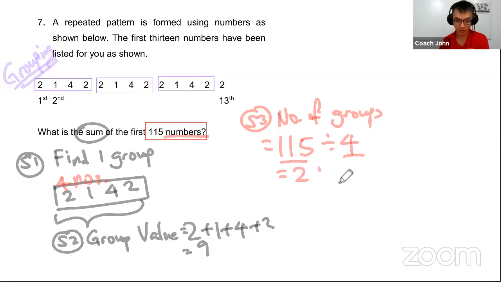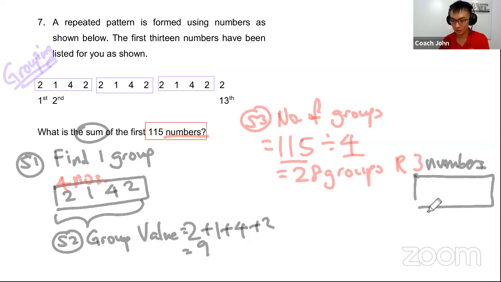So 28 groups, remainder 3 what? 3 numbers. Take notes. And these 3 numbers are actually 2, 1, 4. The last 2 is not there because only 1, 2, 3. And you have 2 plus 1, 3 plus 4, 7.